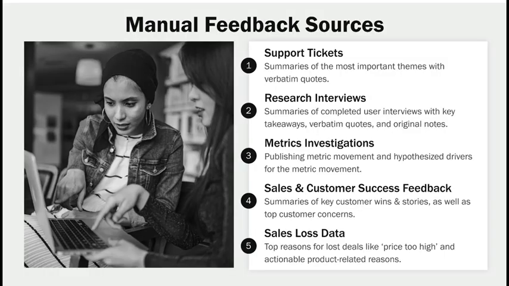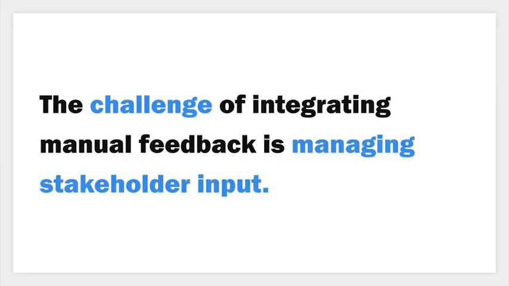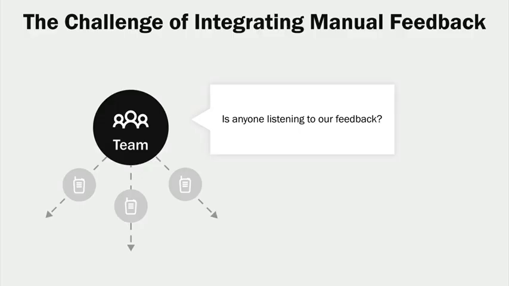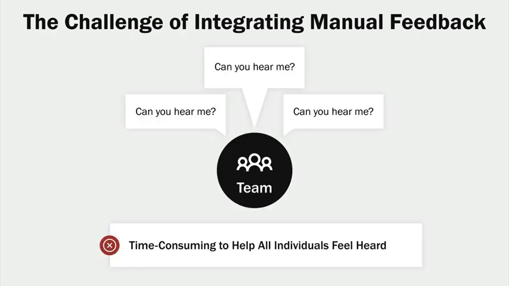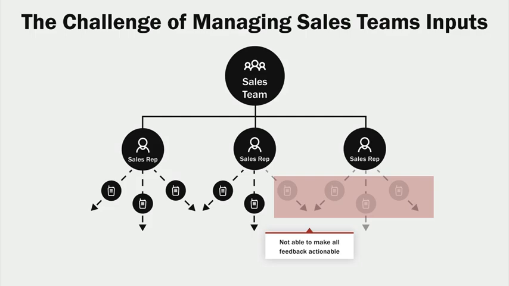The primary challenge PMs run into in this step is managing stakeholder input. The challenge is that in order for teams to keep on contributing feedback, they need to feel heard. However, it can be very time-consuming to help disparate individuals really feel heard. This is especially a challenge for managing inputs from sales teams.